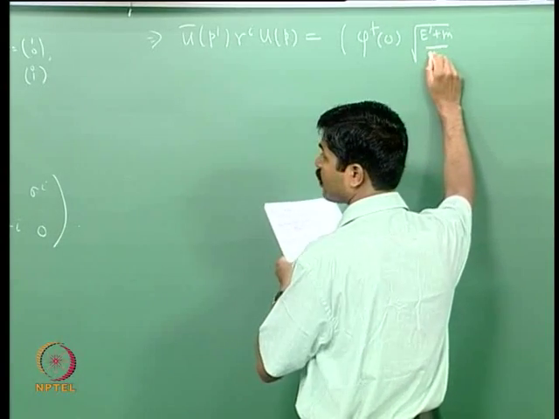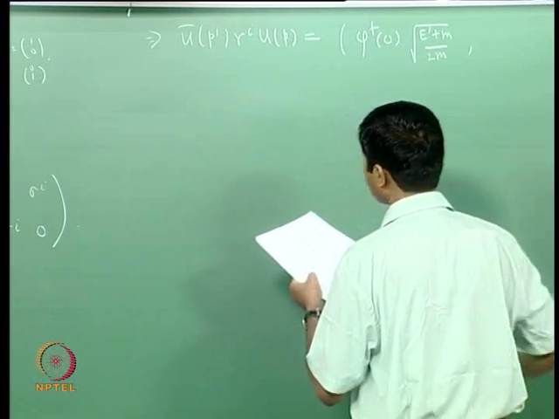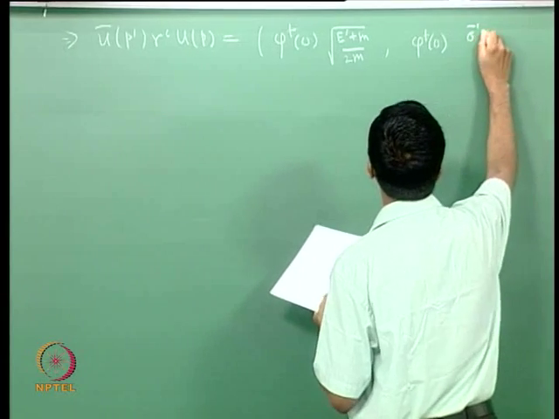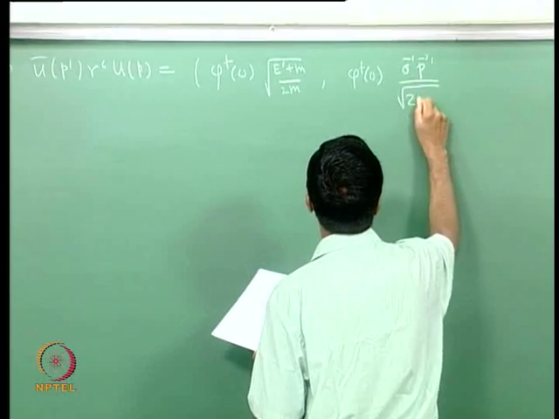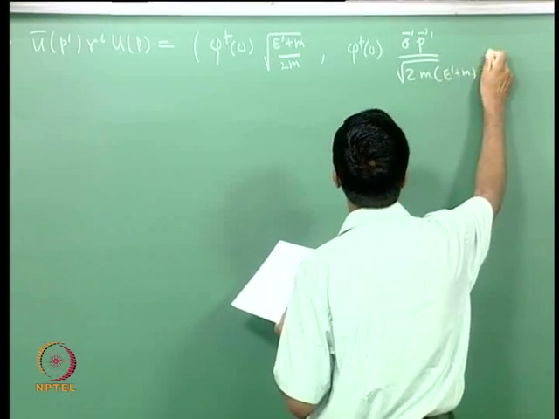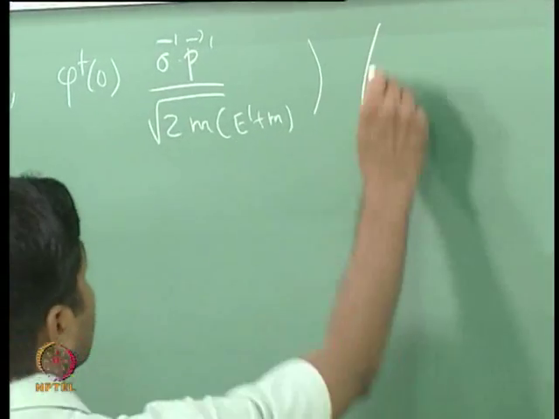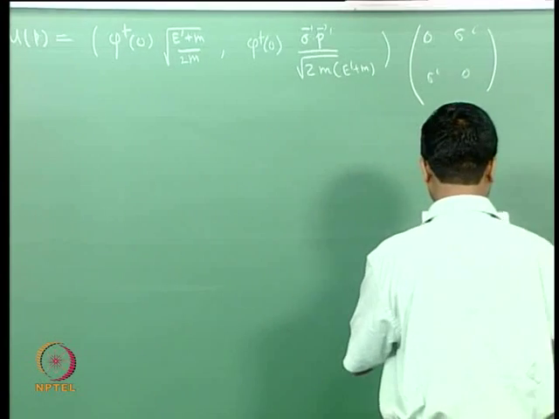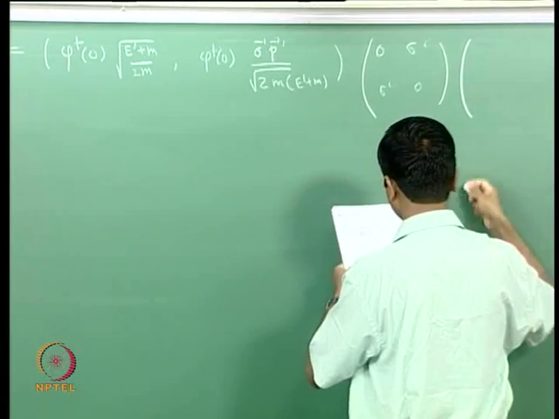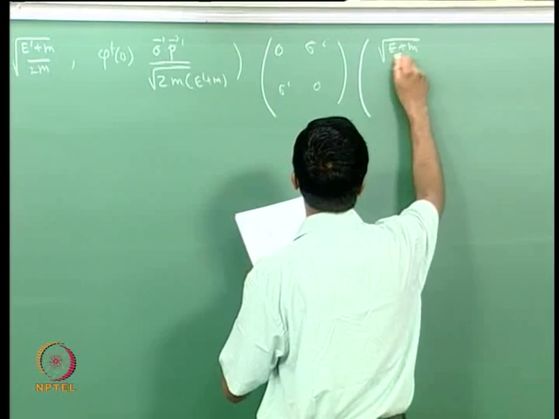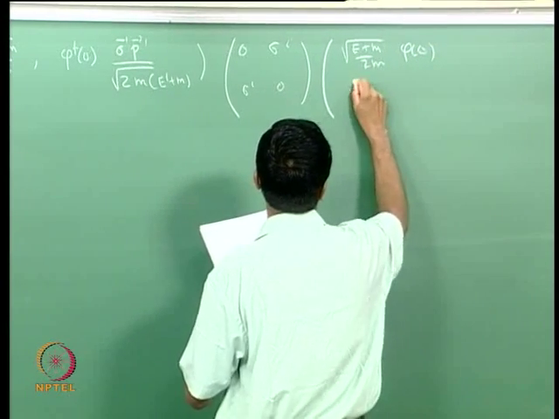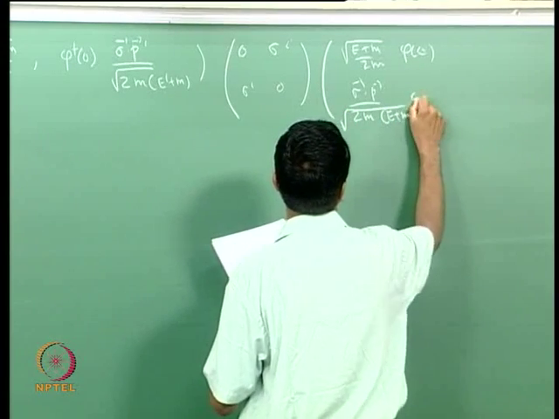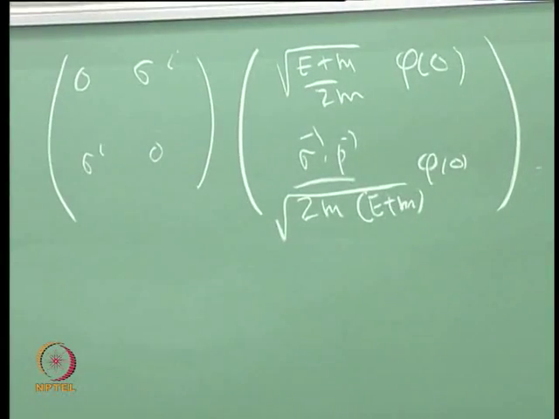So, √((E′ + m)/2m) is the first component, and the second component is φ†(0) (σ·p′)/√(2m(E′ + m)), since sigma is Hermitian, and then 0 σ^i, σ^i 0 times √((E + m)/2m) φ(0) and (σ·p)/√(2m(E + m)) φ(0). This is what we have for this quantity.